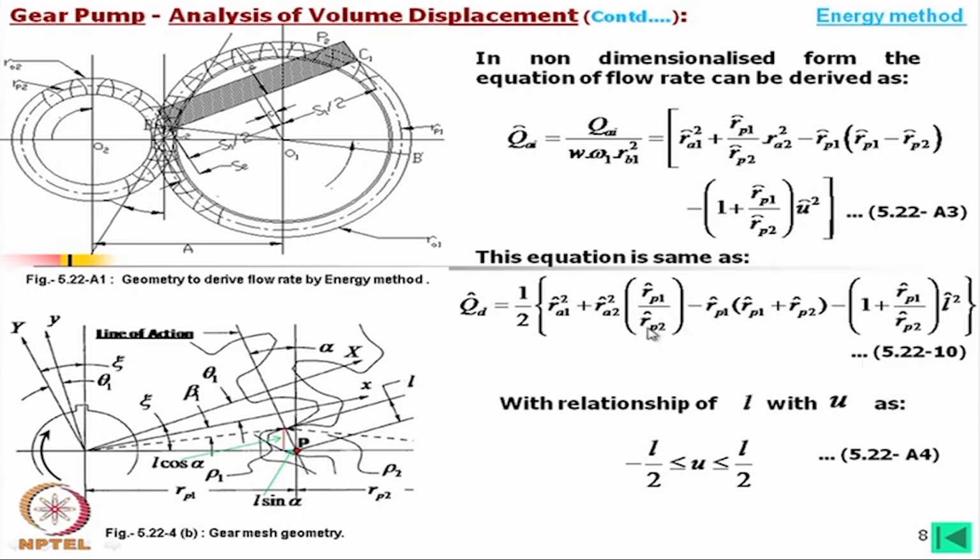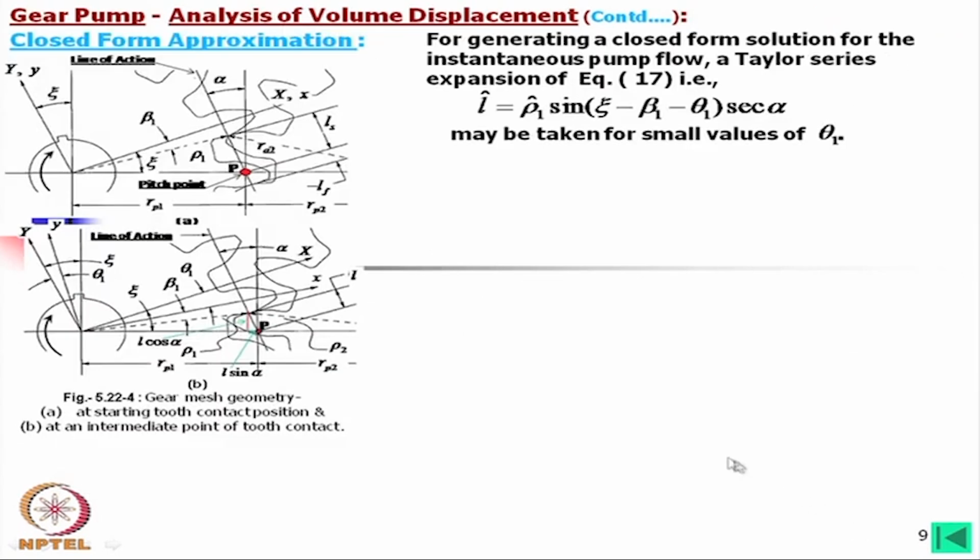Now, closed form solution means you have to relate this L with theta with some approximation or with some solution. Now, let us see what Manring et al. have done for generating a closed form solution for the instantaneous pump flow.